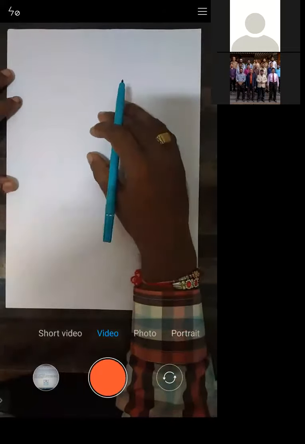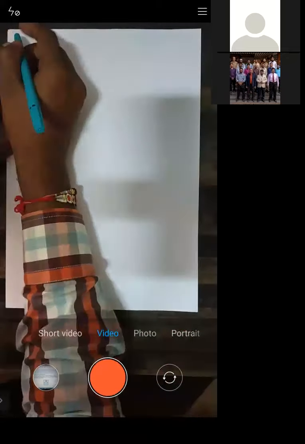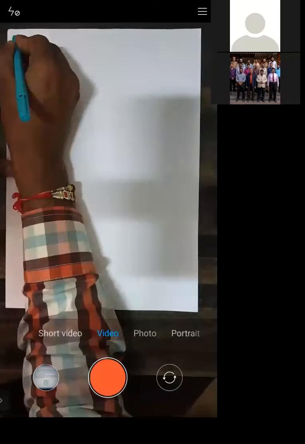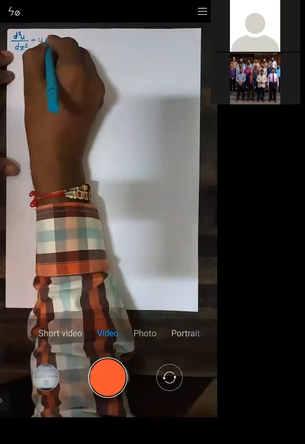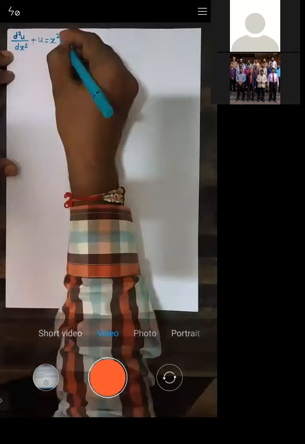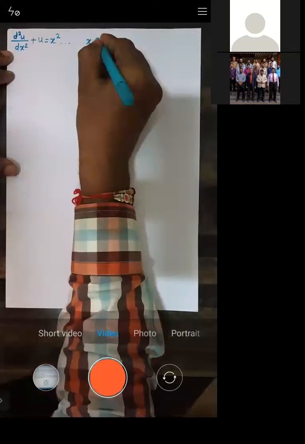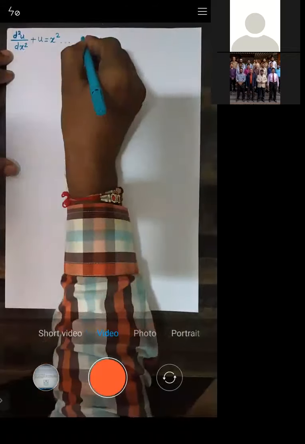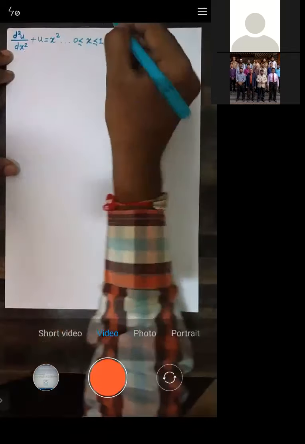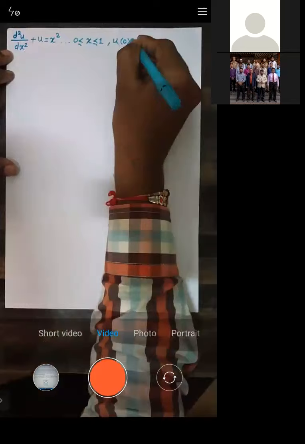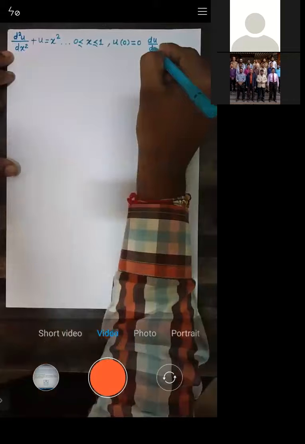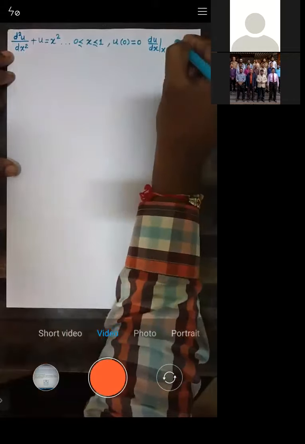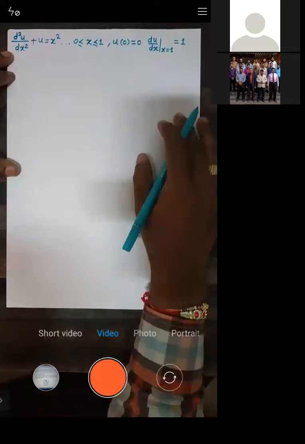The problem is d square u by dx square plus u is equal to x square, for x ranging between 0 to 1, for u when x is 0 is equal to 0, and the value of du by dx when x is equal to 1 is equal to 1. Okay, so this is the problem.